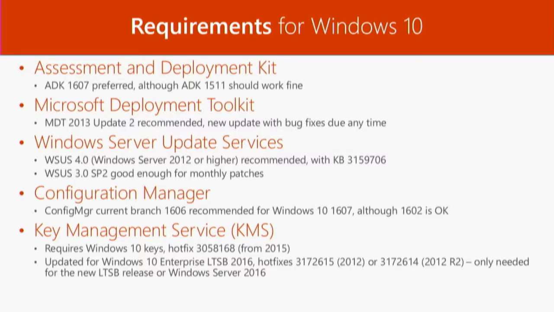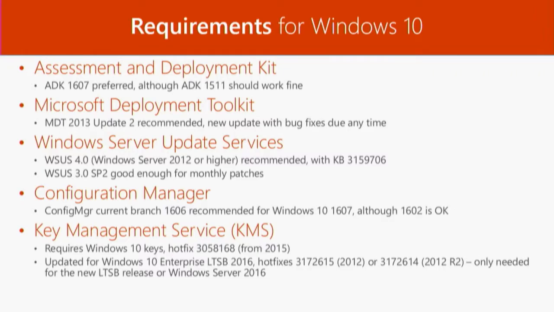In the case of WSUS, you really want to be running WSUS 4.0 or higher to support Windows 10 because that's the only version that supports feature updates. You can do patching with the monthly updates using WSUS 3.0 on Windows Server 2008 and 2008 R2. But once you get to Windows 10, you want to do more than just patch it.